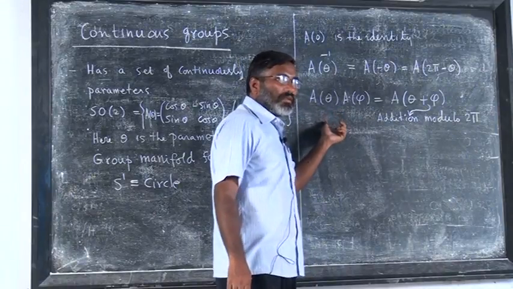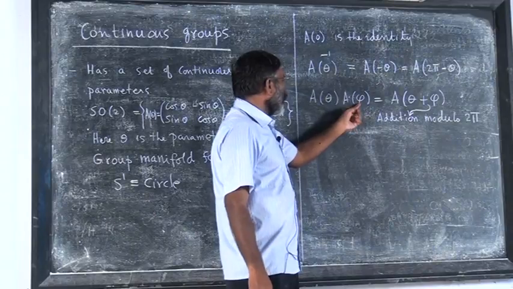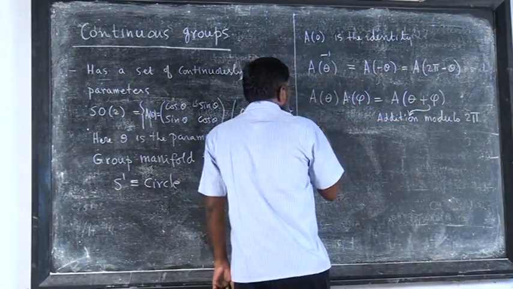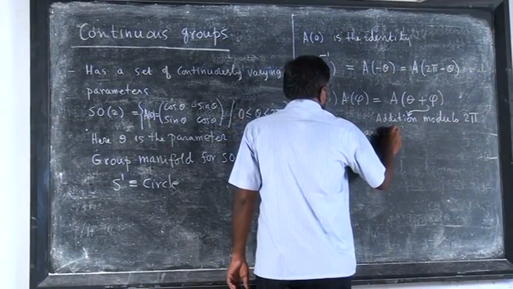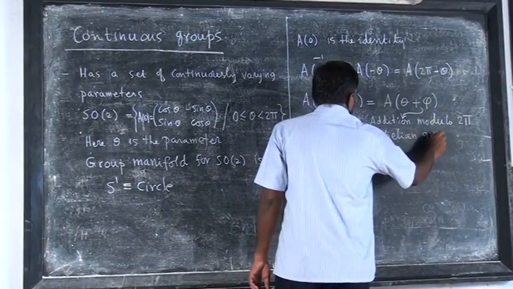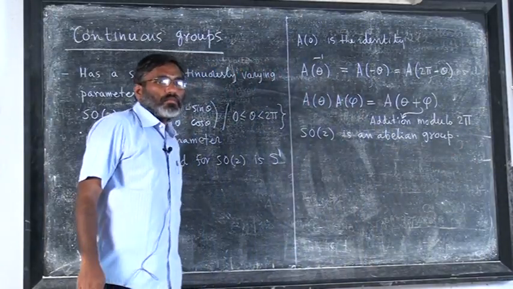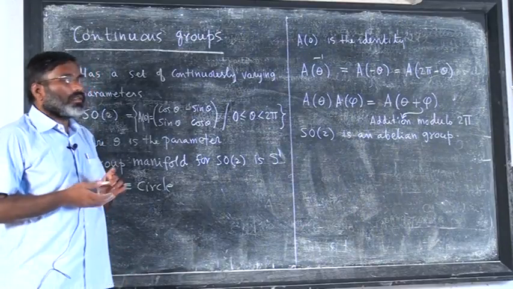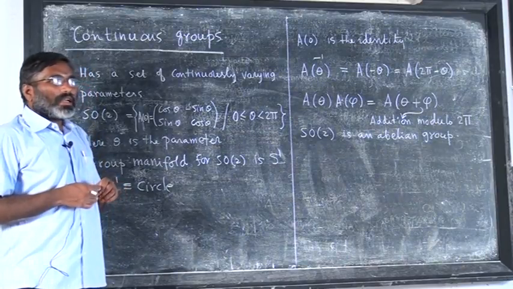Is this abelian? A of theta A of phi, A of theta is theta plus phi or phi plus theta. So SO2 is an abelian group. What can we say about the classes?